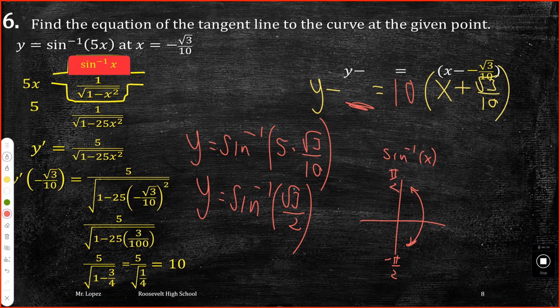And for cosine inverse of x, you find solutions on the top half, from 0 to pi. It has to be unique in its solution.